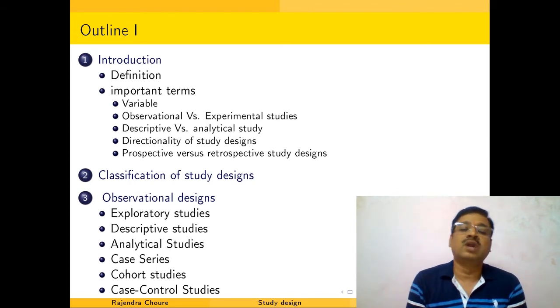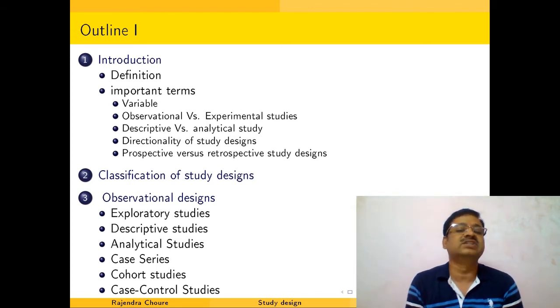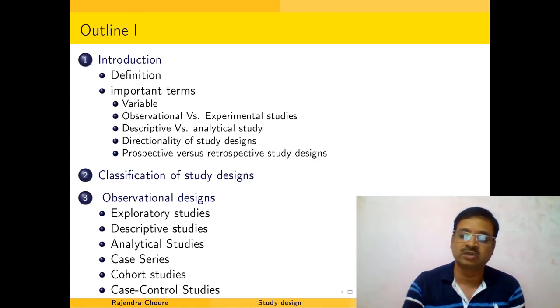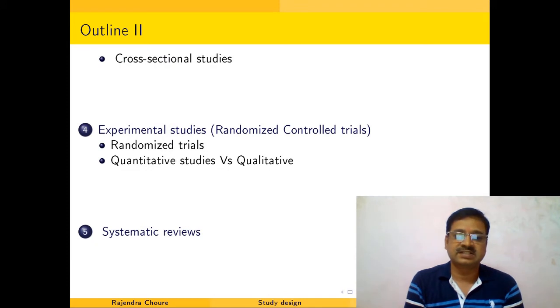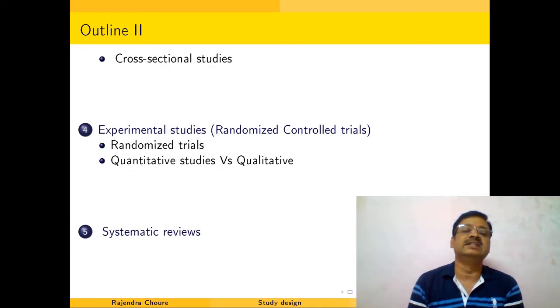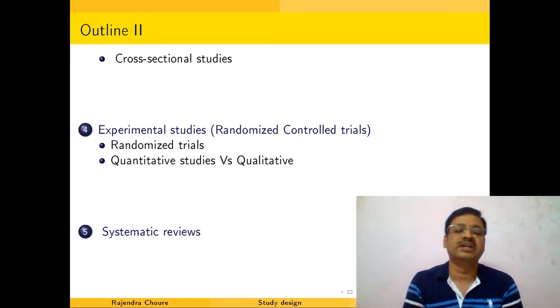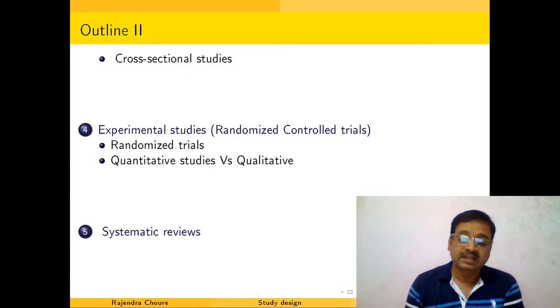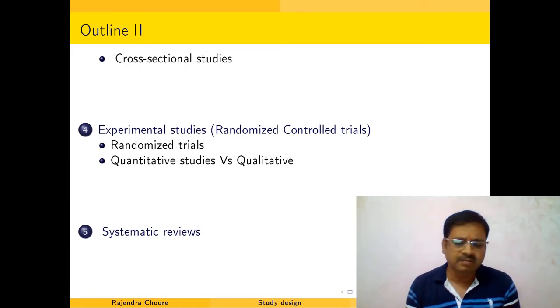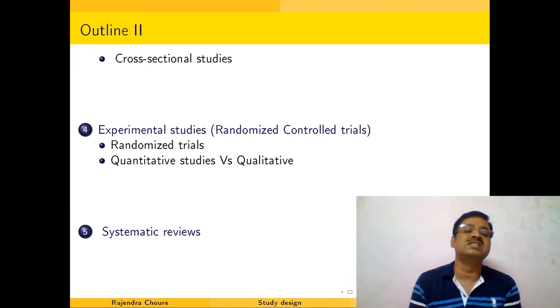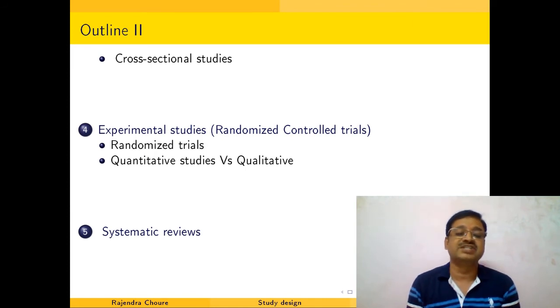Then we'll know more about observational designs, that is exploratory studies, descriptive studies, analytical studies, case series, cohort studies, case control studies, then cross-sectional studies. Experimental studies, our focus will be there. Then experimental studies are randomized trials. Then we'll try to know more about quantitative studies and qualitative studies. Then systematic reviews. Many science people underestimate systematic reviews.